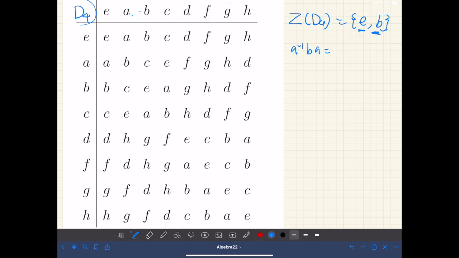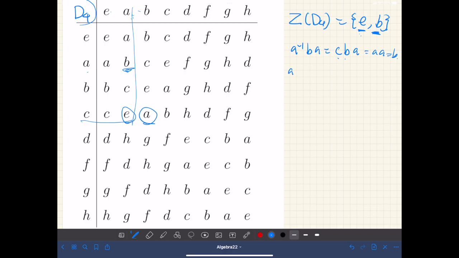So A inverse is what? A times C is the identity element, so A inverse is actually C. So C times B is A, so that's AA, and A times A is B. So this is okay.